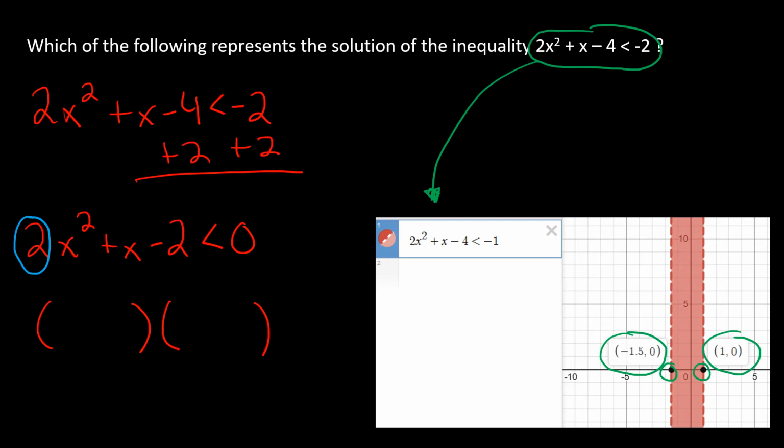So our answers here would be x equals, and we're going from negative 1.5 to 1. Or we could talk about it as a fraction, as negative 3 over 2 to 1 using this notation. Again, we use parentheses because we have less than. It's not less than or equal. If it was equal, we would use brackets. Okay, so that's just a refresher of this set of notations.